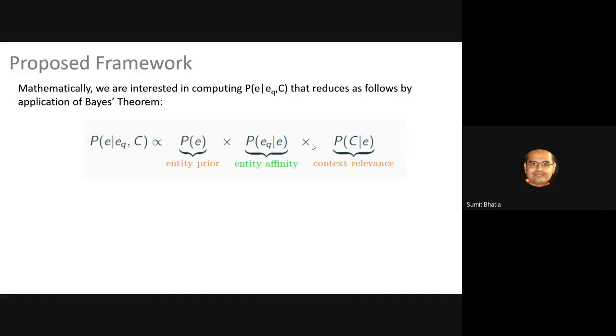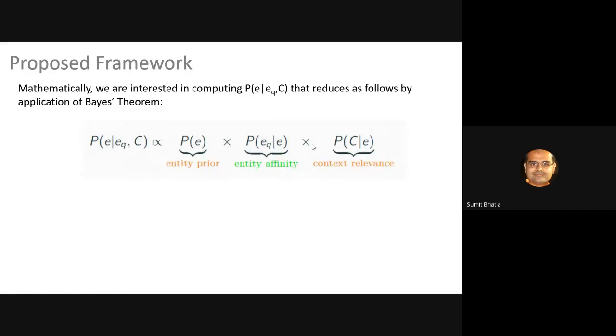Entity prior means: what is the chance that a random entity from the graph is exactly what the user is looking for, without even knowing what the input query and context are? So this is just like a prior. Okay? What is the chance that this individual entity will be used?